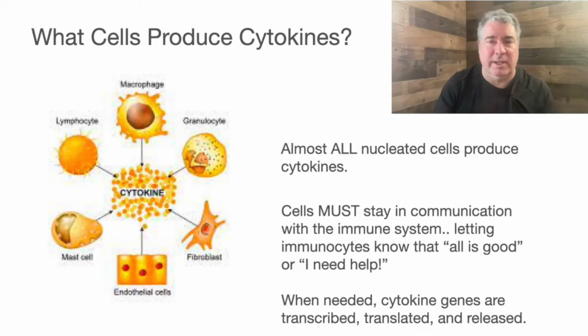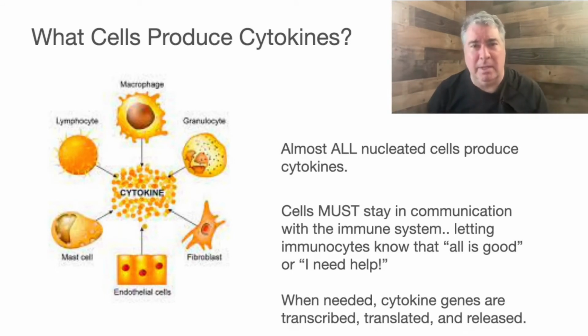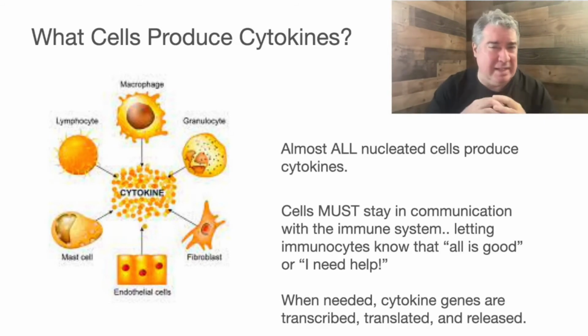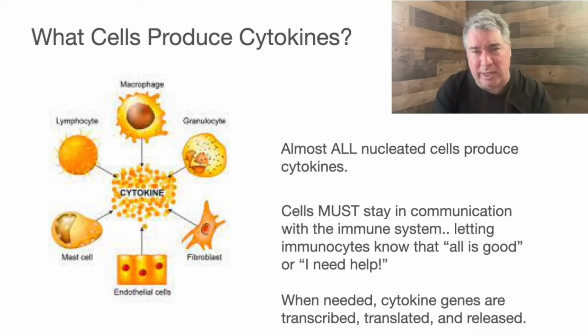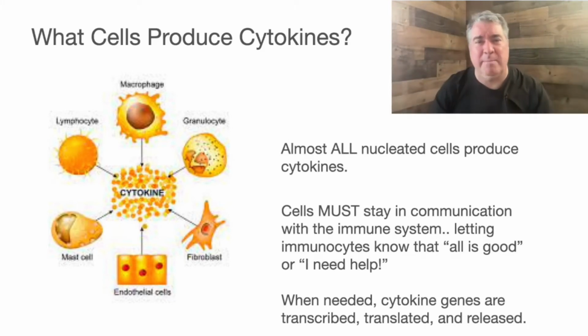So what cells produce cytokines? Virtually all cells produce cytokines. And I mentioned this previously, cells need to be checking in with the immune system. If they're infected with a virus, they'll release certain compounds, maybe interferons, along with some interleukins and some chemokines to bring those cells in to start controlling immune responses and to start combating that particular infection.